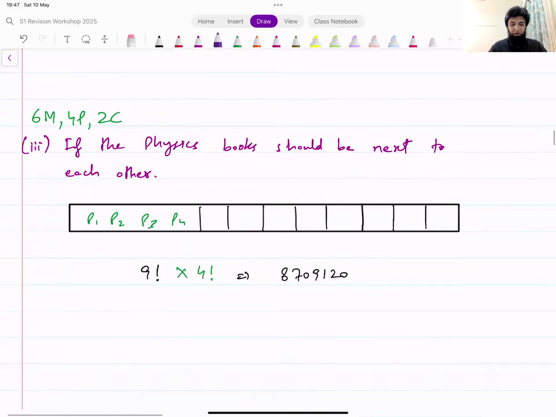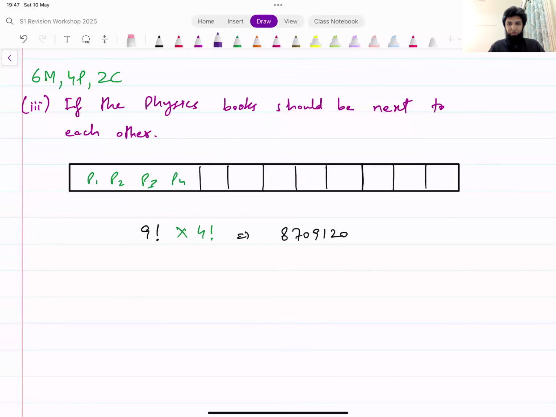Okay, now if you wanted the physics books to be together, there were 4 physics books. Again, we do something similar. We say, okay, we had 12 boxes initially, like this. What we do is we merge 4 of them. And in that merged big box, we put the 4 physics books, P1, P2, P3, P4. In how many ways can we arrange this now?